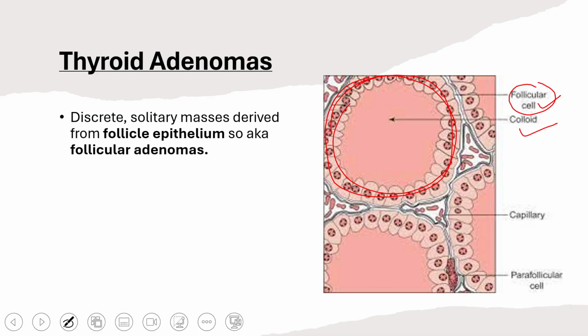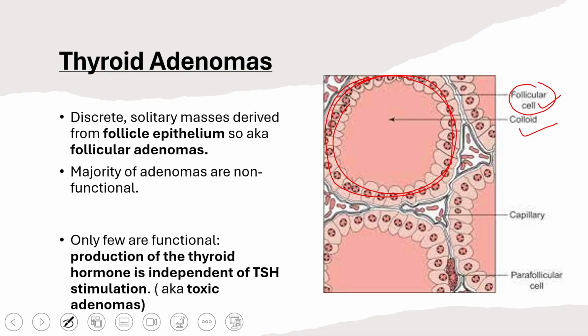And this thyroid adenoma can be functional or non-functional depending upon whether they are producing thyroid hormone or not. So if they can produce the thyroid hormone, then they are called functional. But if they can't, then they are called non-functional thyroid adenoma or follicular adenoma.